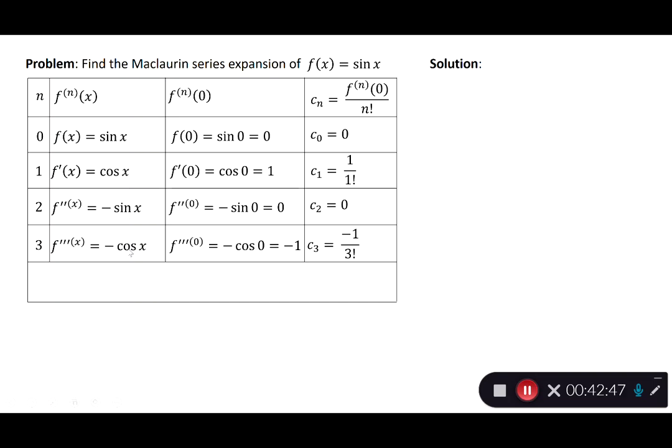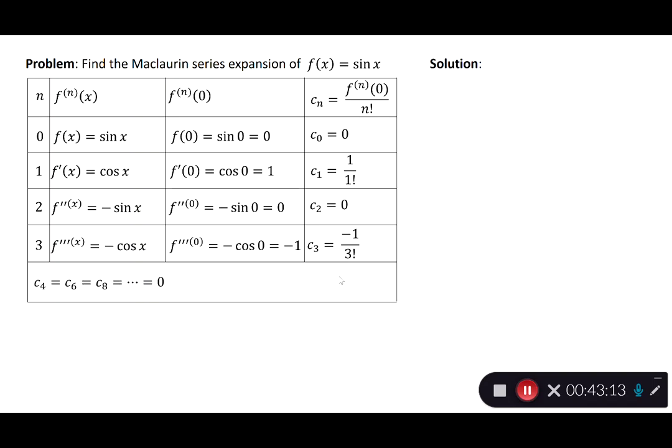That pattern repeats. So in this column, these values will repeat: 0, 1, 0, negative 1, 0, 1, 0, negative 1, 0, 1, 0, negative 1. Correspondingly, these would be 0, 1 over 1 factorial, 0 over 2 factorial, negative 1 over 3 factorial, 0 over 4 factorial, and so on.